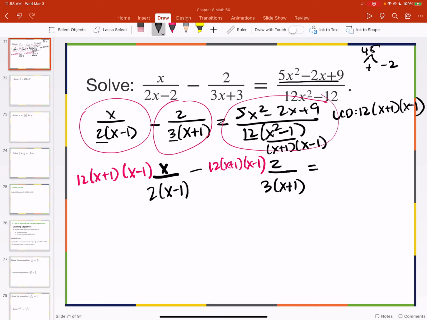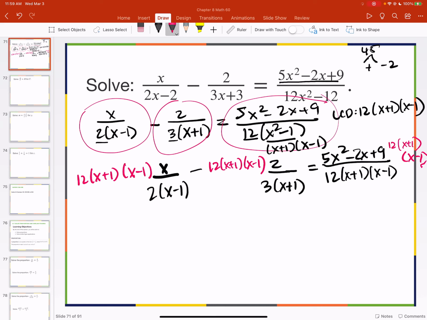This is going to be the LCD over, it's going to cancel out, but that's fine: (5x squared minus 2x plus 9) over 12(x plus 1)(x minus 1). And then we're going to multiply that by the LCD also, 12(x plus 1)(x minus 1).